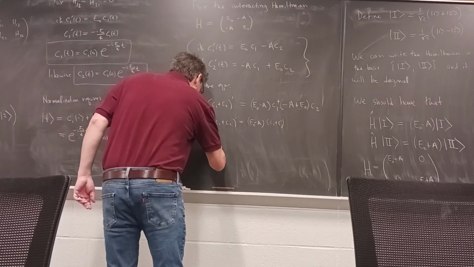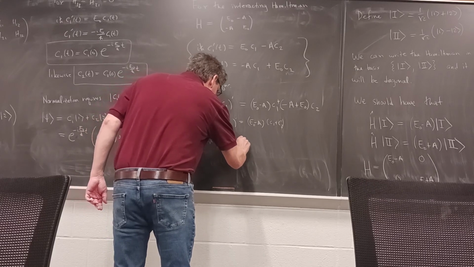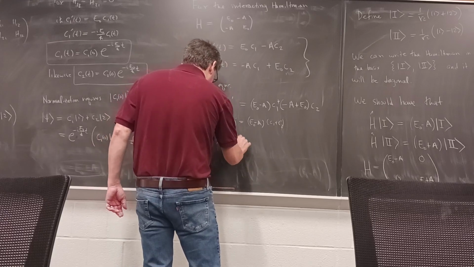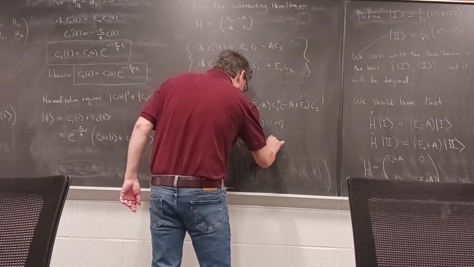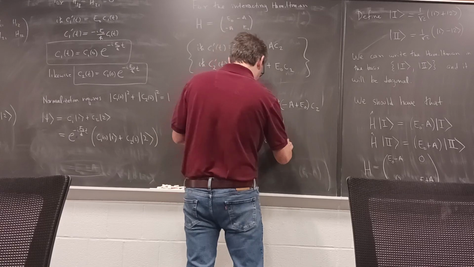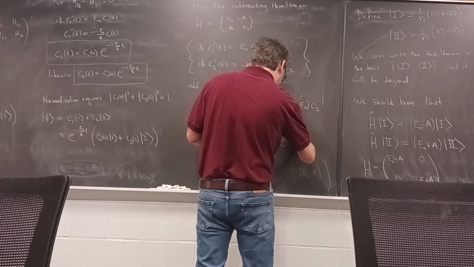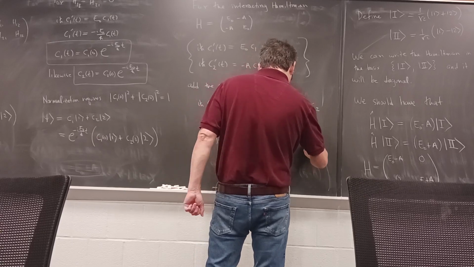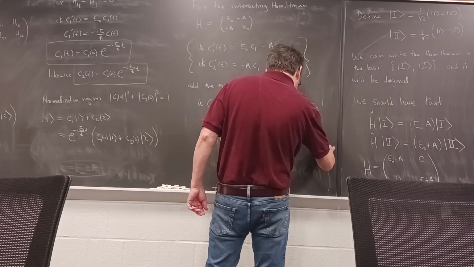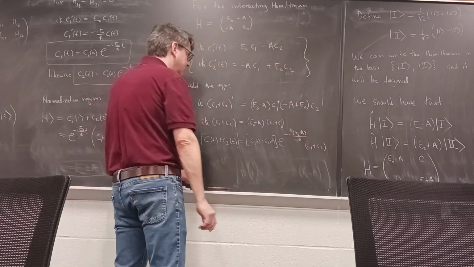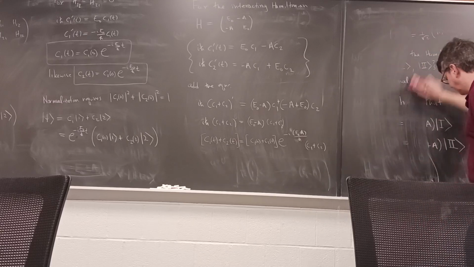So that means we know that C1 of t plus C2 of t, this combination here, is equal to C1(0) plus C2(0) times e to the minus i (E0 minus A) over ħ times t.